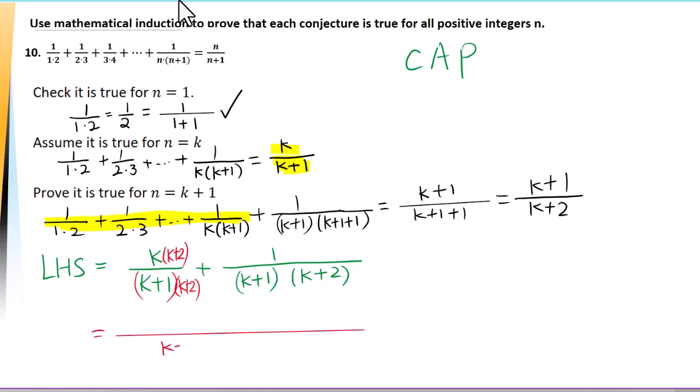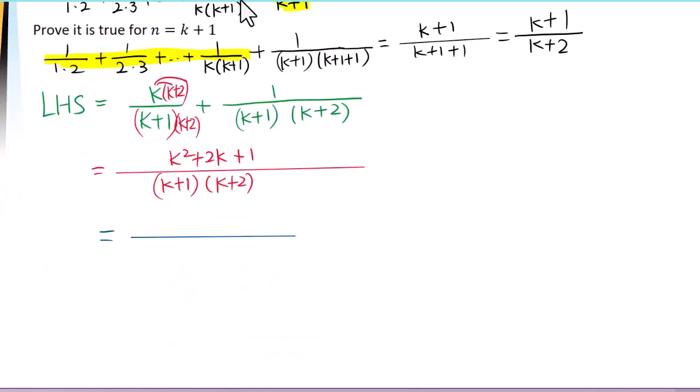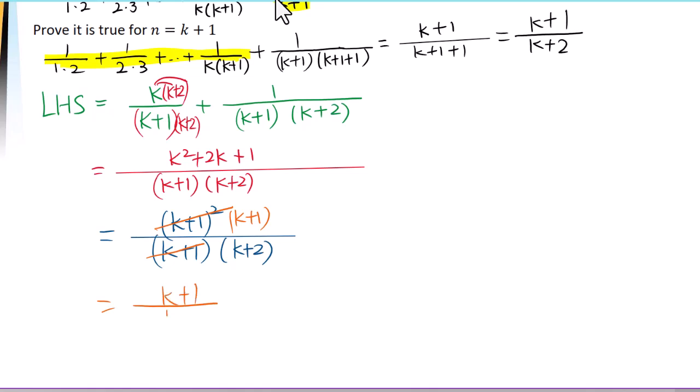So we get k plus 1 times k plus 2 as a denominator. Distributive property: k squared plus 2k plus 1. The numerator we got is k plus 1 squared, the denominator k plus 1 times k plus 2. Reduce, we got k plus 1 over k plus 2 equals the right hand side.